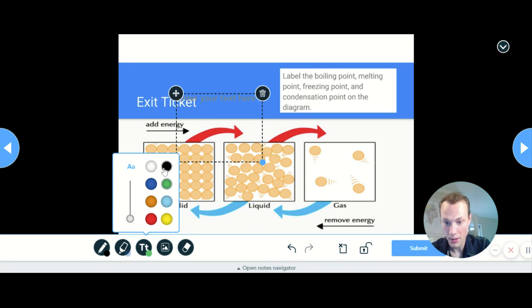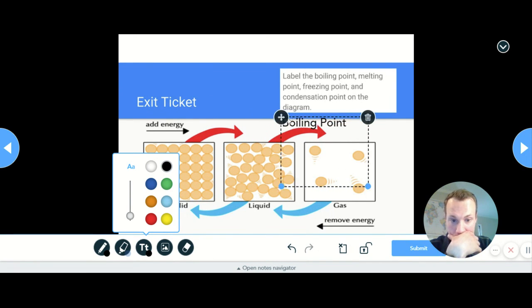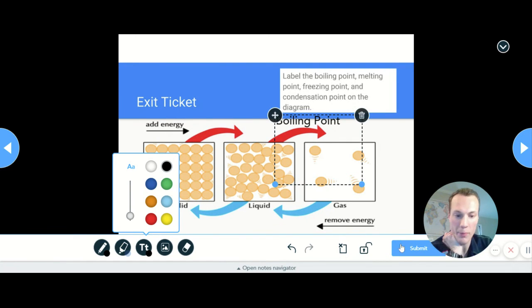So then I would just type in a little bigger, boiling point, and then you can move it to where it goes, right here, liquid to a gas. Again, either way, I don't mind, but once you're done, you'll hit submit, send it to me.